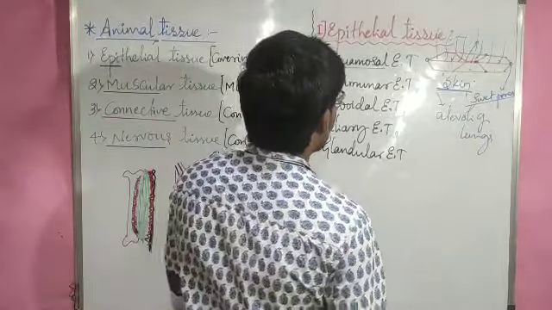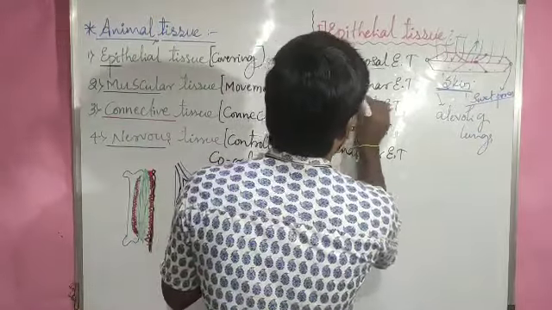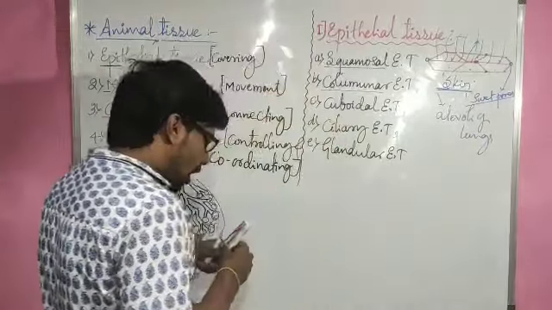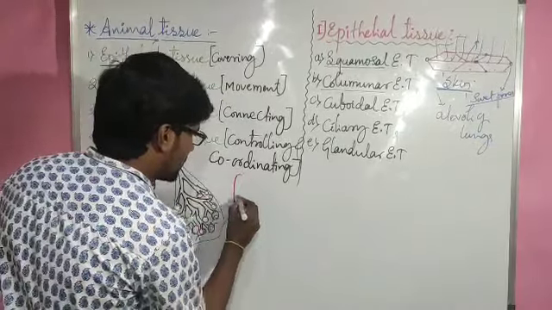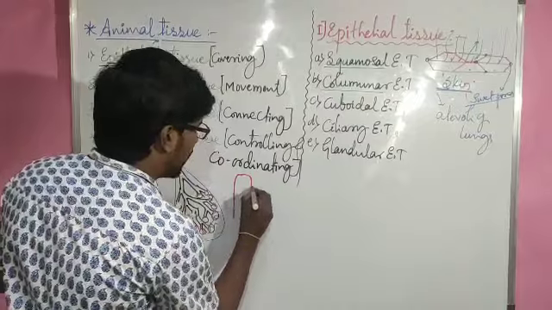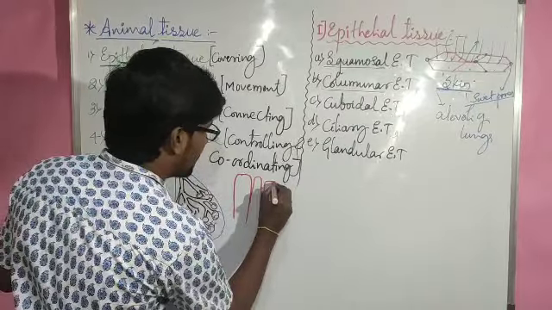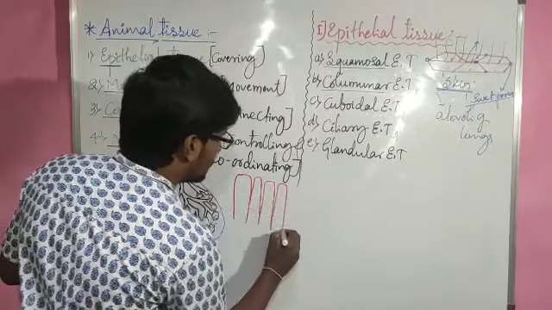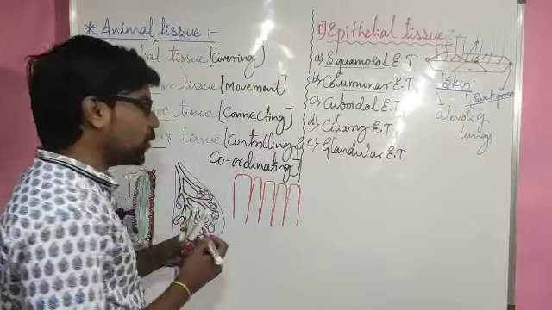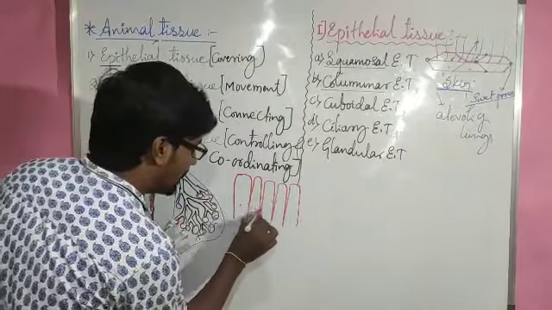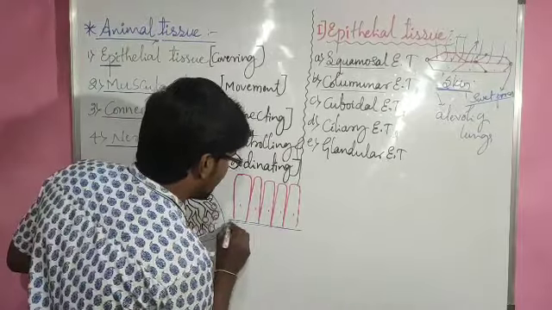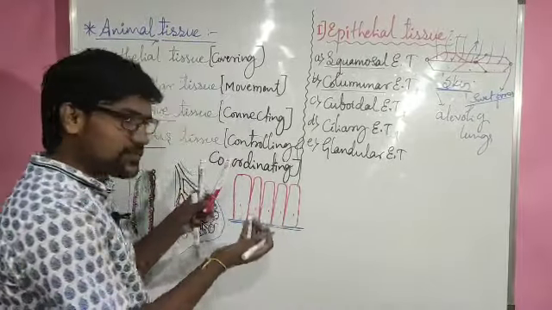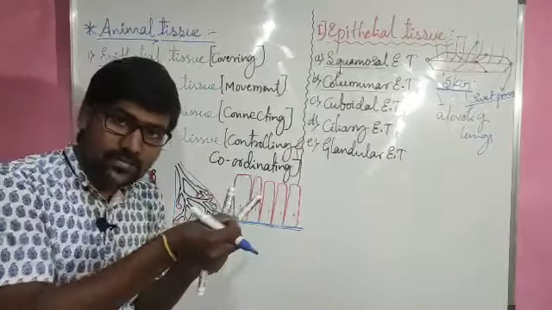And if we consider the second one, columnar epithelial tissue. Columnar epithelial tissue means, the name itself suggests, the cells are present in a columnar shape, right? So the cells are present in the longitudinal columnar shape, all these are cells, and below we can see a basement membrane, and that basement membrane has fibrous material.